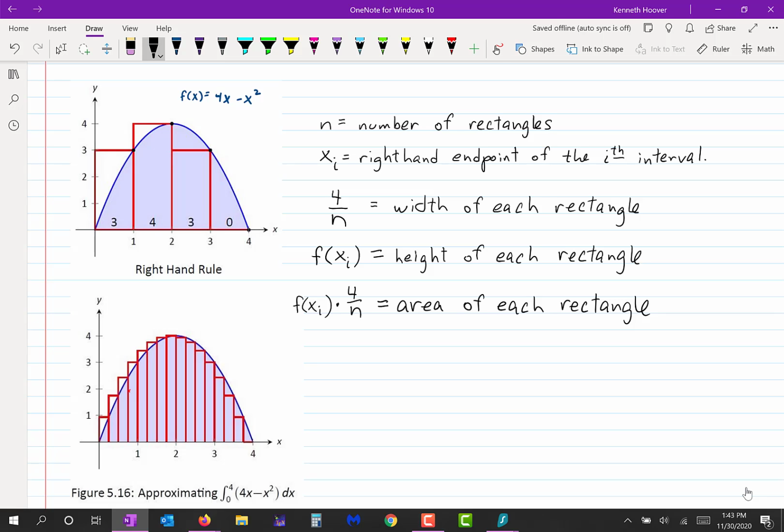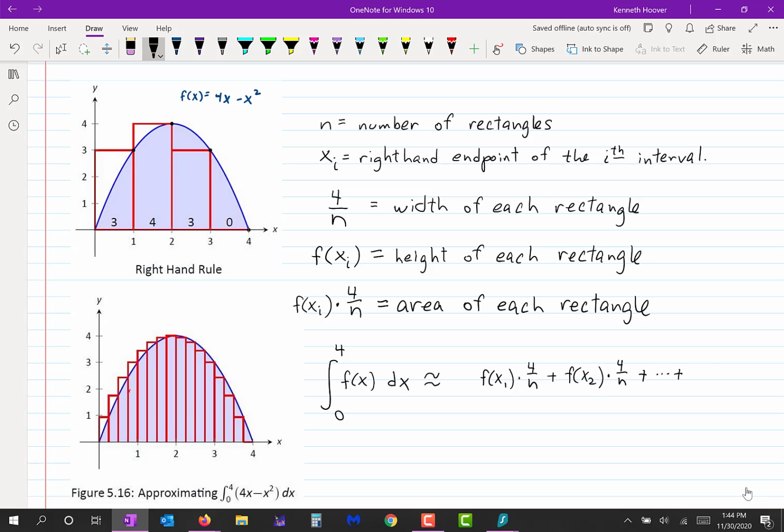So in other words, the integral of f of x from 0 to 4 in this case is approximately equal to f of x1 times 4 over n, that's the area of the first rectangle, plus f of x2 times 4 over n, that's the area of the second rectangle, plus, and then we continue until we run out of rectangles, right?